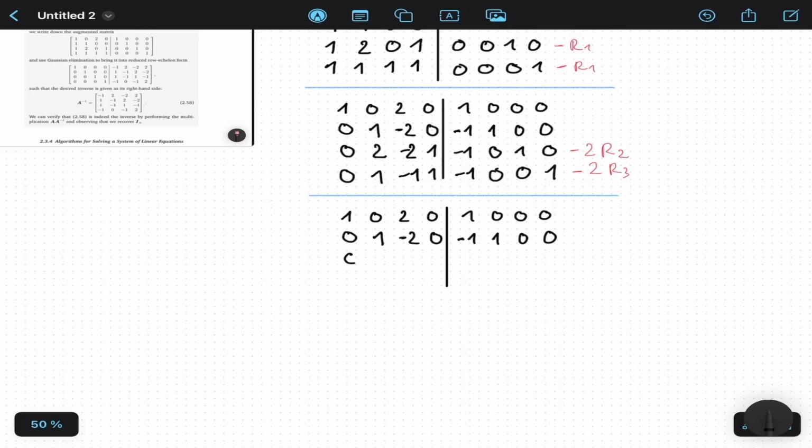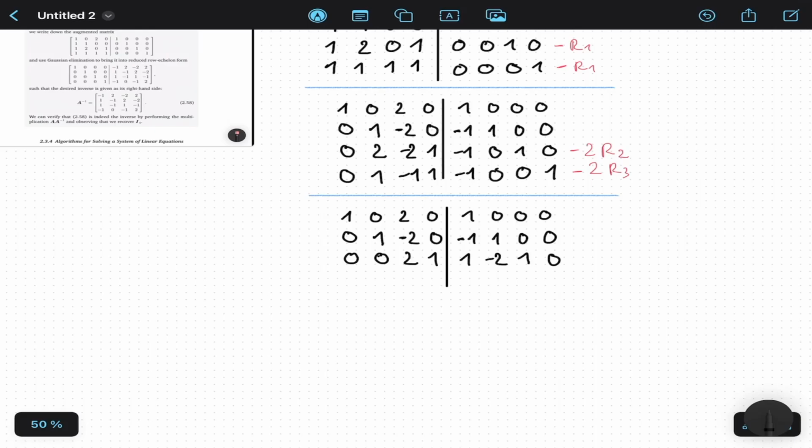We will have a 0 here anyway. We will have a 0 here. Then we will have a 2 here, and 1 remains. Here we will have a 1, a -2, a 1, and a 0.